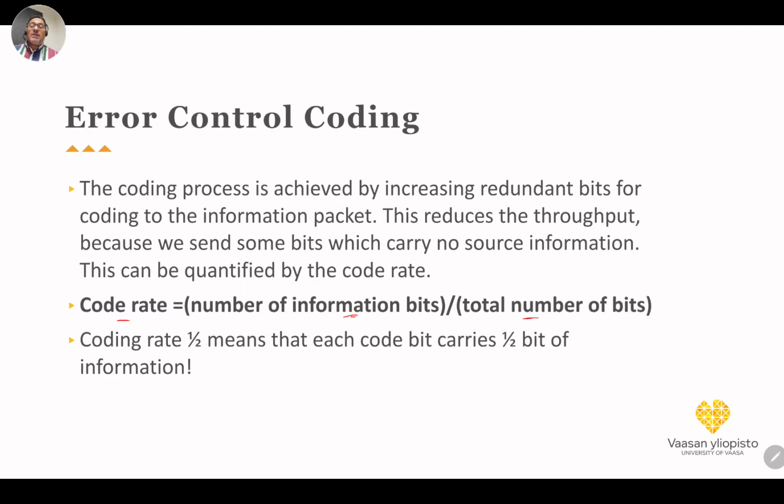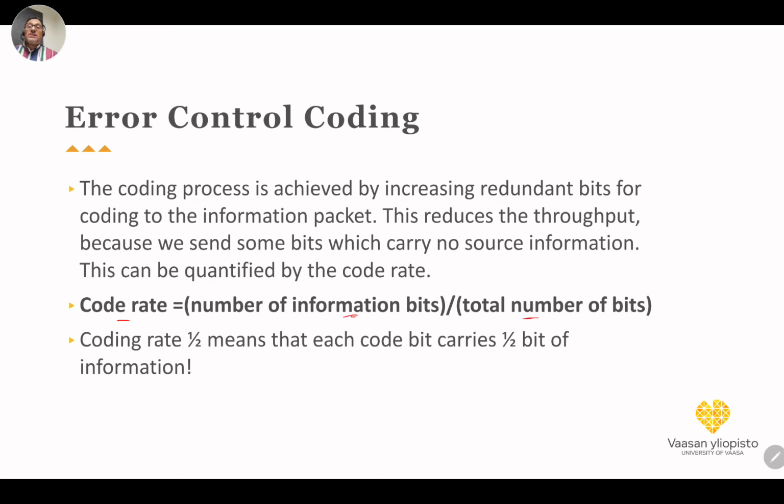As we increase the number of redundant bits, it increases the capability of the coding in general. Capability means how many bits in error we can detect, and also how many bits can be corrected when one or more bits are received in error in a packet.